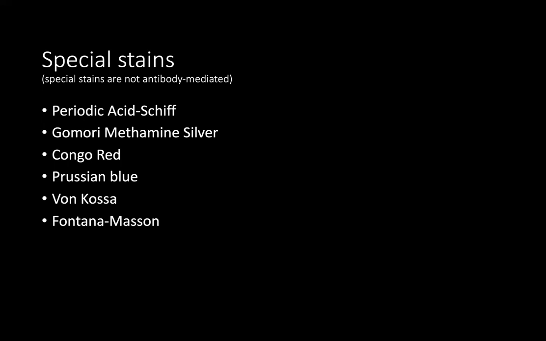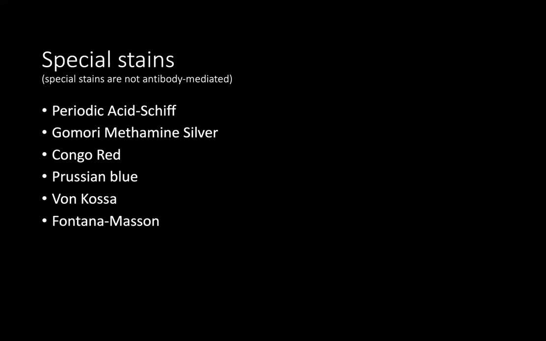A Gomori methenamine silver or GMS stain is a silver-based stain that can highlight fungal elements, which I like to use mostly in my practice to look for onychomycosis or tinea, whether it be a dermatophyte infection in the skin or candida, or even angioinvasive disease; we can highlight fungal elements.